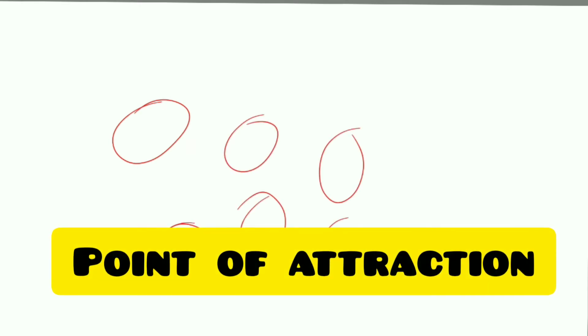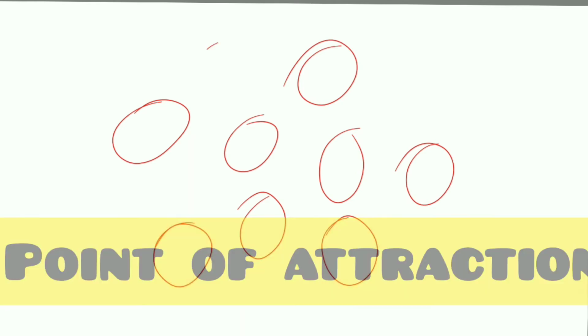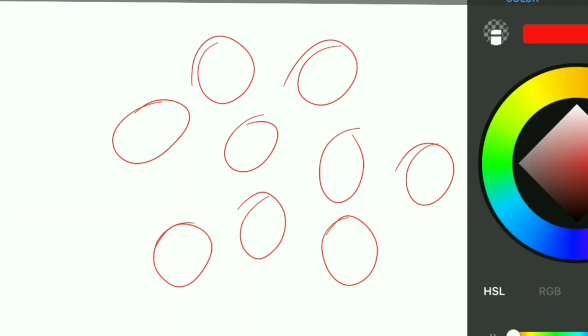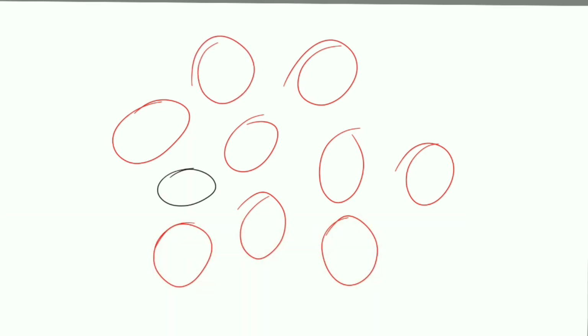You could see that I am drawing some red circles, and among these red circles there is a black circle. So definitely the black circle is the point of attraction. If I am drawing a black circle among all the red circles, my intention is to create an emphasis on the black circle. Similarly in the painting, let us come back to the painting.